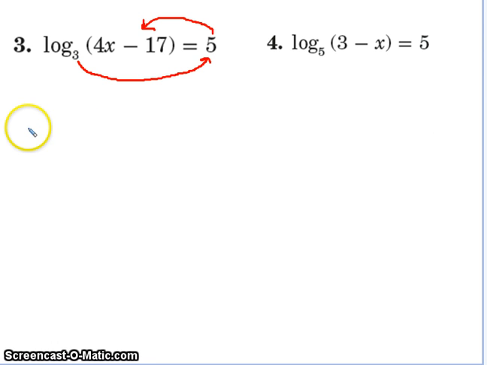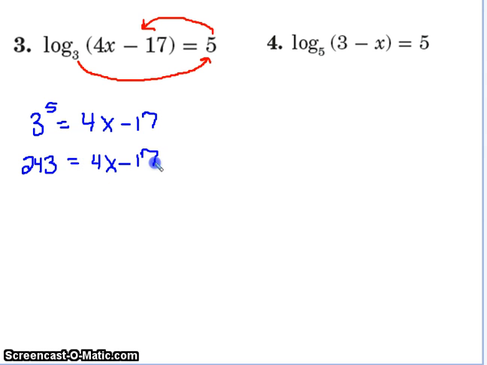So if we want to write that out, 3 to the 5th is equal to 4x minus 17. I don't know exactly what 3 to the 5th is, so I'm going to put that in my calculator and see that 3 to the 5th is 243 equal to 4x minus 17.